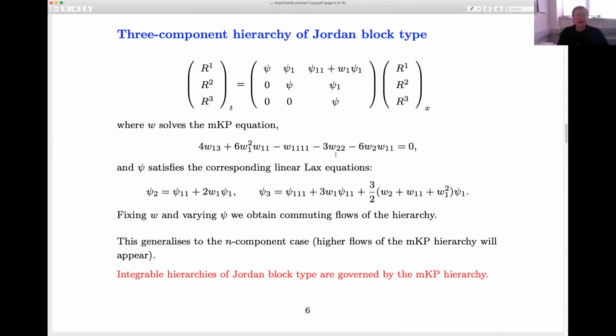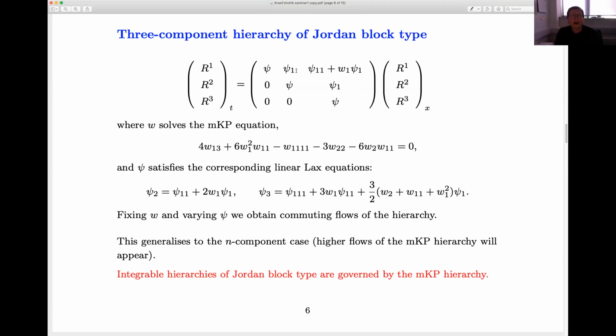So here I'm writing a three-component Toeplitz type system. You see on the main diagonal, you have psi. On the next diagonal, you have psi1, psi1. And then in the upper right corner, you have this expression, psi11 plus W1 psi1. All low indices are derivatives by R1, R2, R3. So index 1 means we differentiate d psi by dr1.